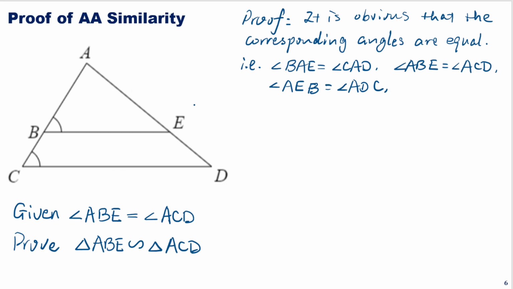Next, you need to prove the corresponding sides are proportional, which means the ratio between two corresponding sides is a constant. So how do you prove that?